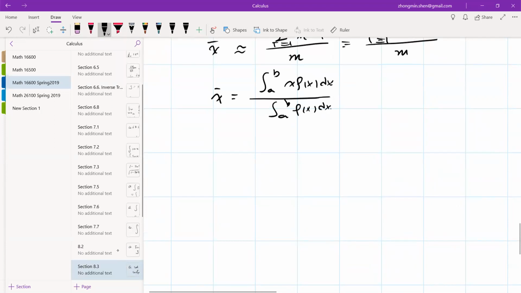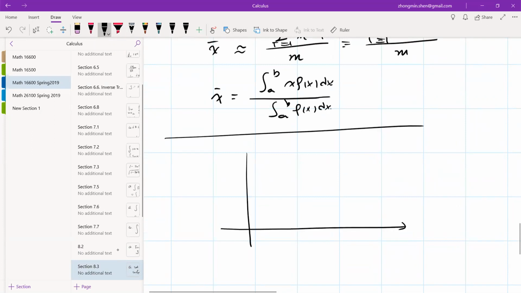So now we consider a region in the XY plane. This region is described by two functions, y equals f of x and y equals g of x.